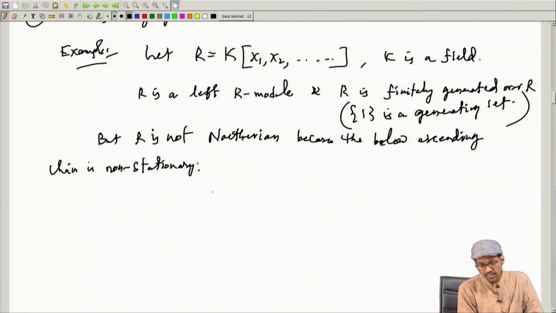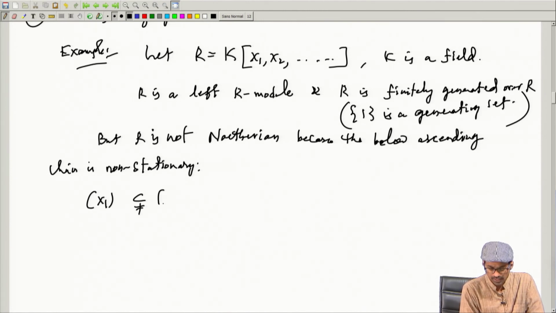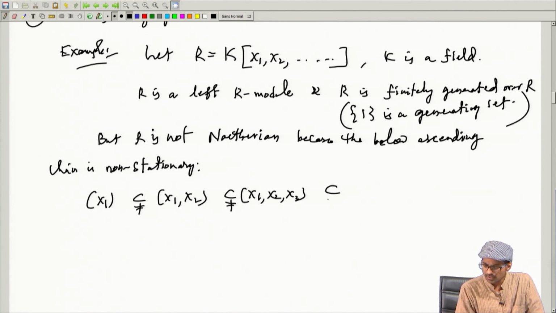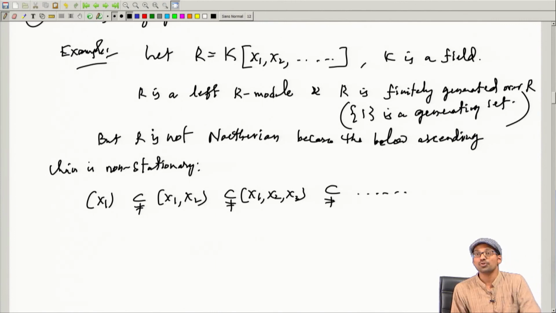It is simply the ideal generated by x1, strictly contained in the ideal generated by x1, x2, and this is strictly contained in the ideal generated by x1, x2, x3. Like this, it will continue infinitely and never terminate. So, therefore, R is not Noetherian.